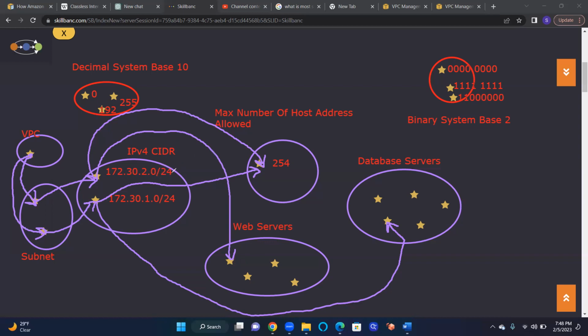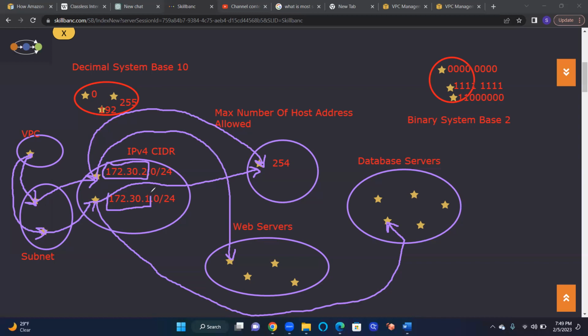And this /24 means that I use the first 24 bits, these bits, for identifying my subnet or network address.